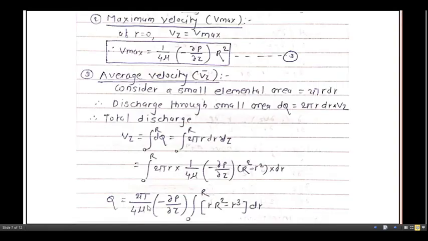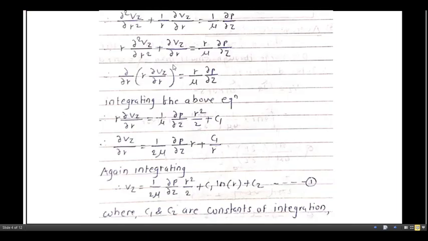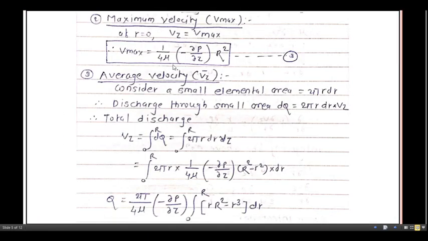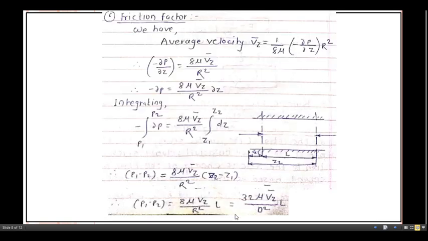When I consider the capital R, nearer to the wall, we can get the value for the velocity distribution in this way. Tau at wall is 1/2 dP by dz, where you replace small r by capital R.